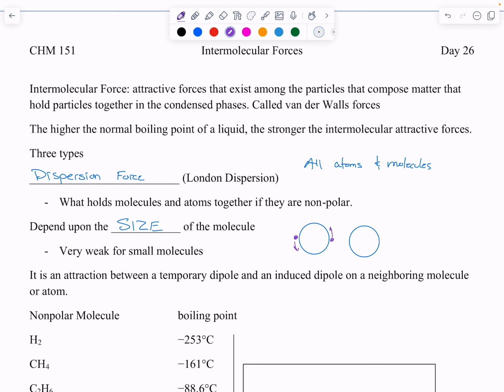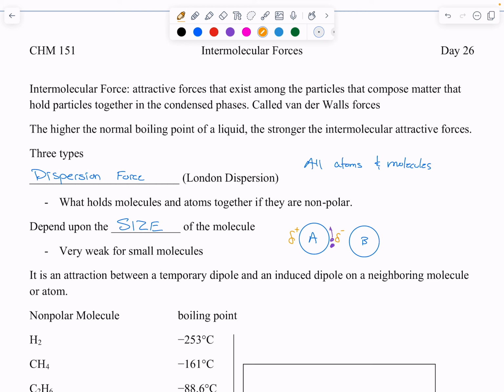If both of the electrons are over here at one point, on this side of the first atom, let's call it atom A and B, the left side of atom A would be slightly positive, and this is slightly negative. That would be a temporary dipole, because it's barely even a fraction of a second.